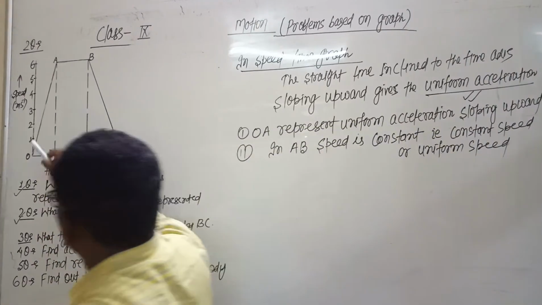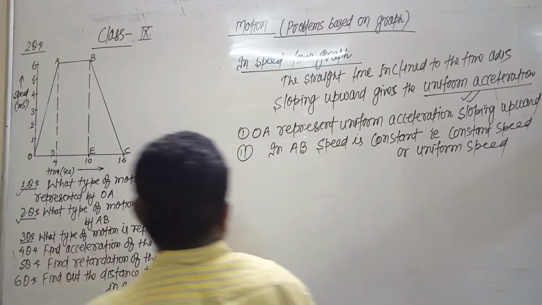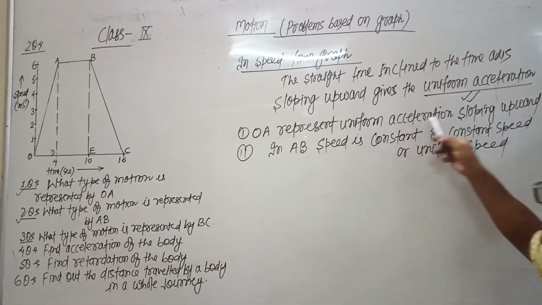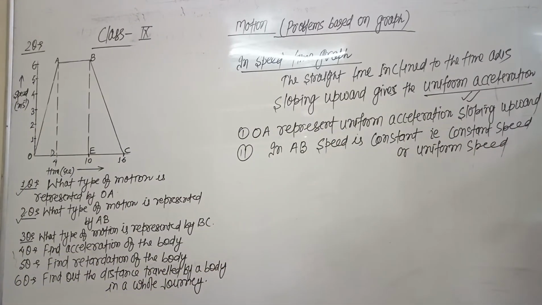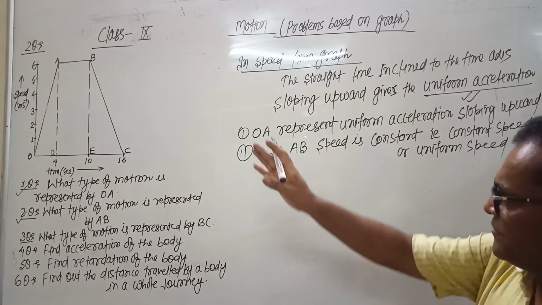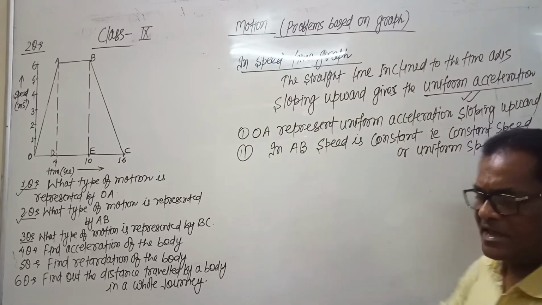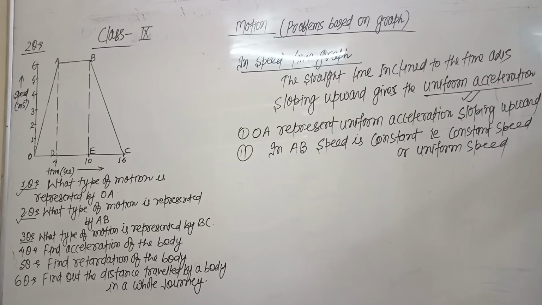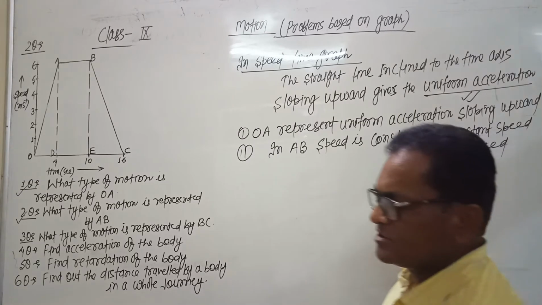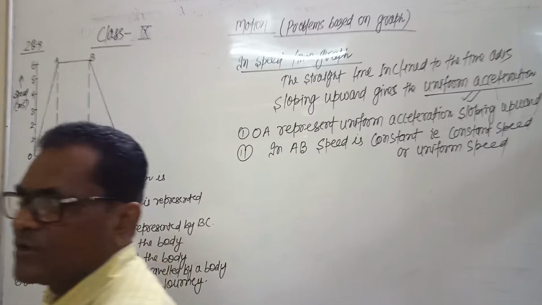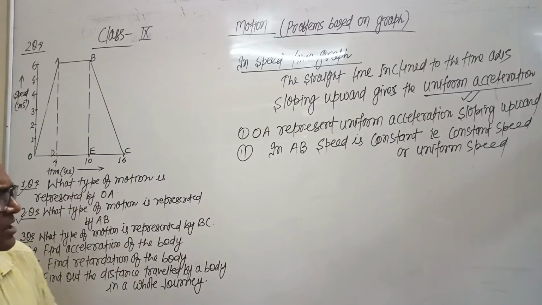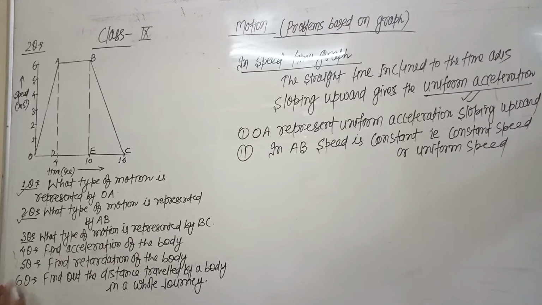So from O to A, the graph OA represents uniform acceleration sloping upward, and in AB, the speed is constant, which means the motion is of constant speed or uniform speed.